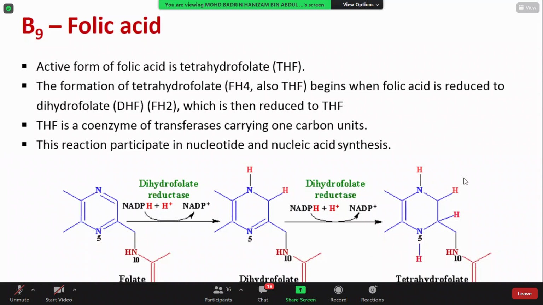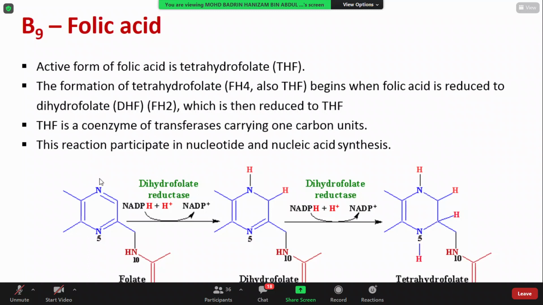Okay, so tetrahydrofolate, you can see the structure containing hydrogen here. Folate to dihydrofolate, dihydrofolate to tetrahydrofolate, and now the body can use this tetrahydrofolate to carry out many enzymatic reactions, such as nucleic acid synthesis.